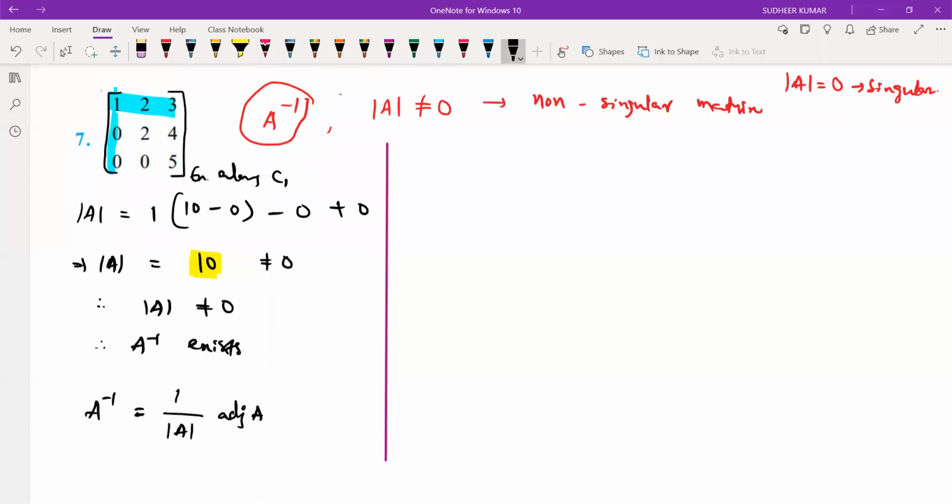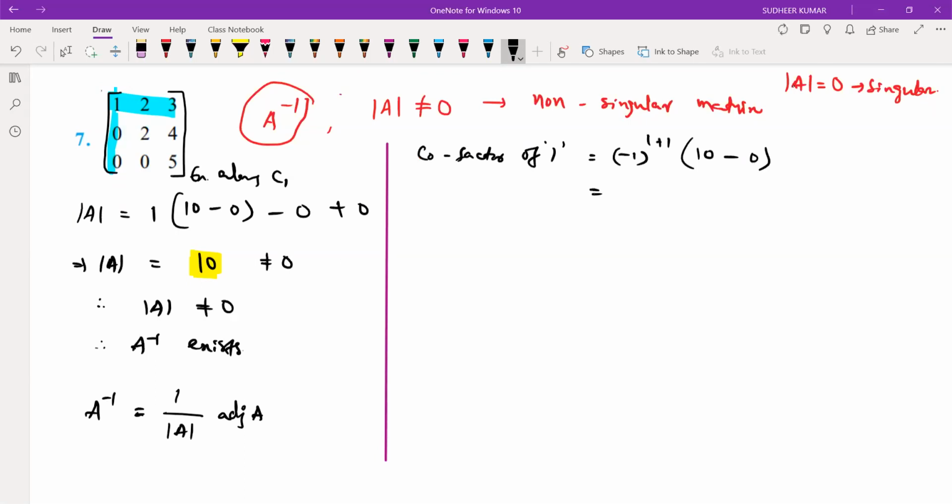First, let us find the cofactors of each element in A. So, cofactor of 1. Cofactor of 1 is (-1)^(1+1) into (10 - 0).